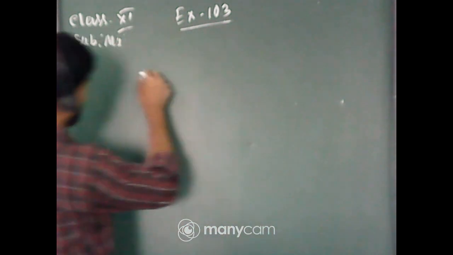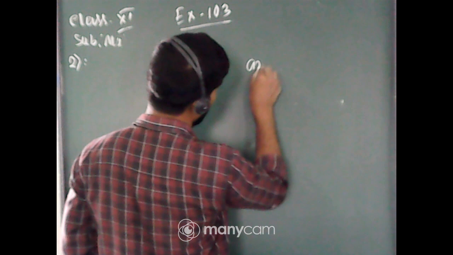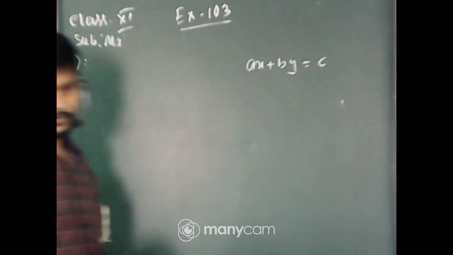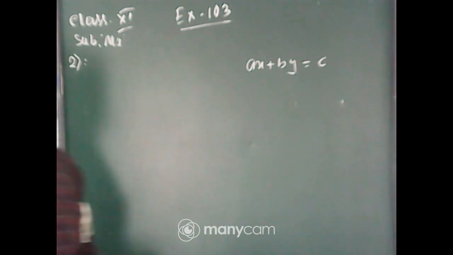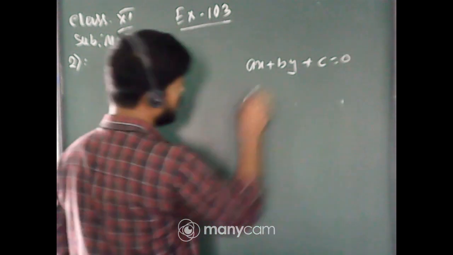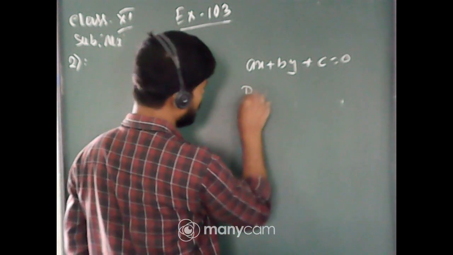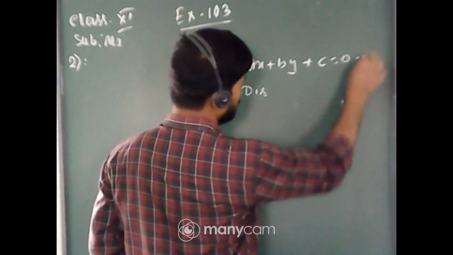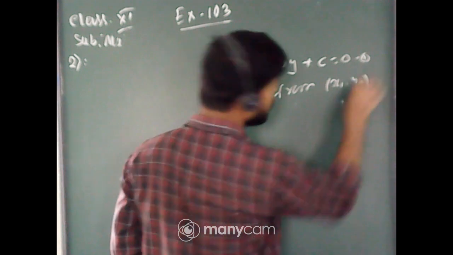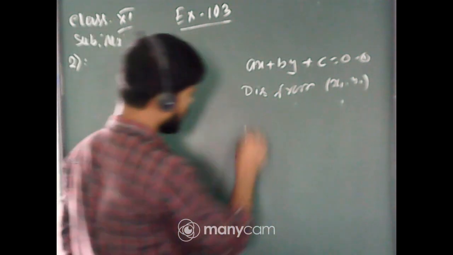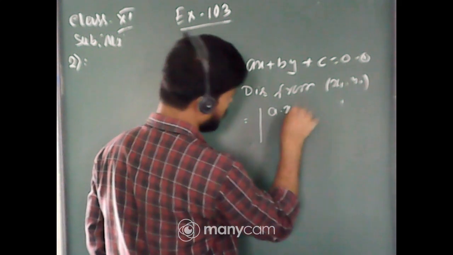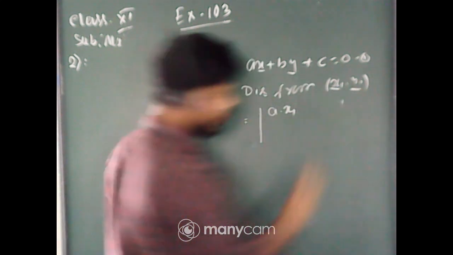Suppose there is an equation of line like ax plus by plus c is equal to 0. The distance of this line from a given point, suppose x1, y1, will be mod of a into x1, plus b into y1, plus c, divided by root over of a square plus b square.